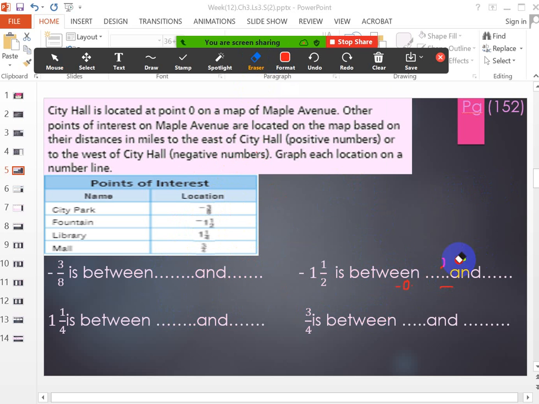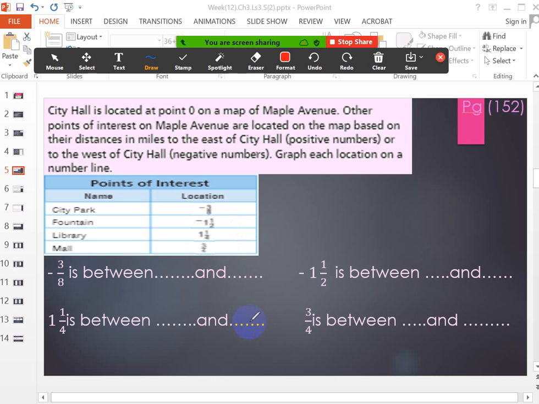Look, I have here rational numbers written as fractions or mixed numbers. I will not read the problem for you, I just want to read the numbers in the table. The first one is negative 3 over 8, sorry. The second one, negative 1 and 1 over 8. 1 and 1 over 4, 3 over 4.